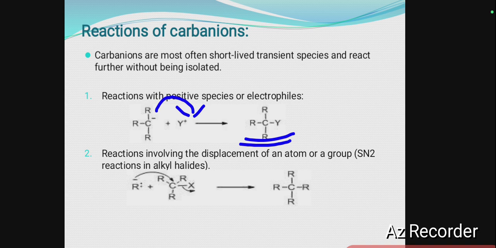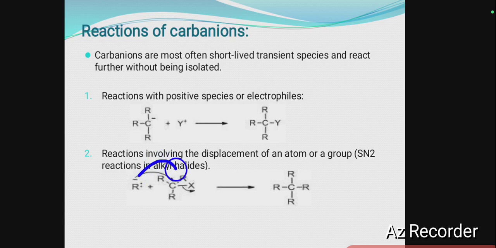Second one is the reactions involving the displacement of an atom or a group. For example, when a carbanion is reacting with alkyl halides, what happens?